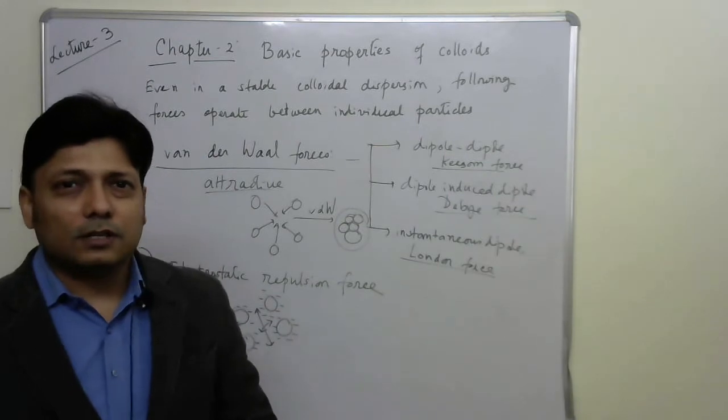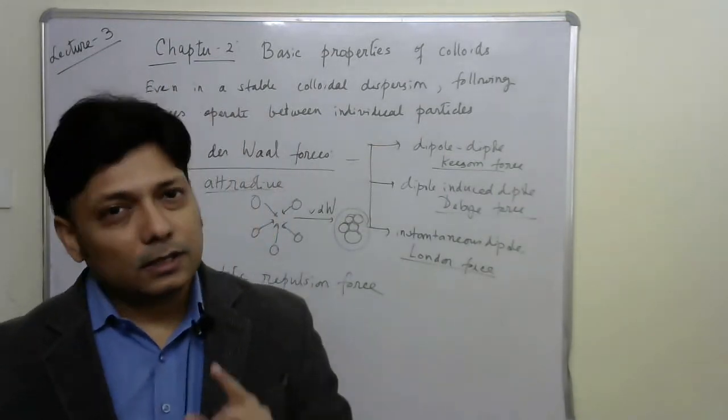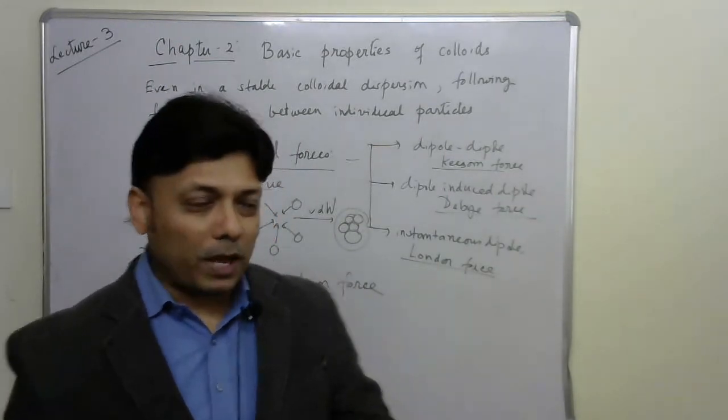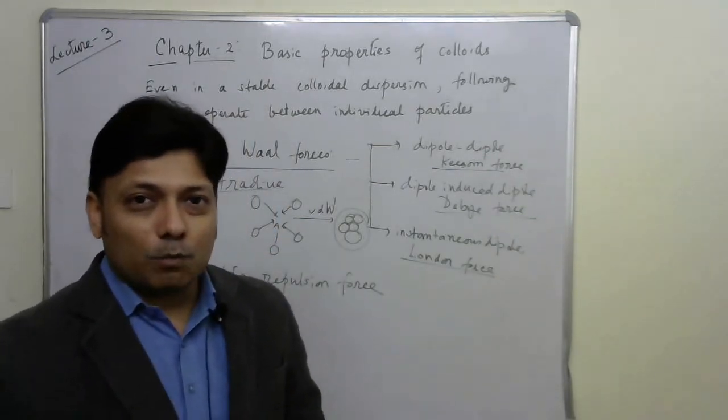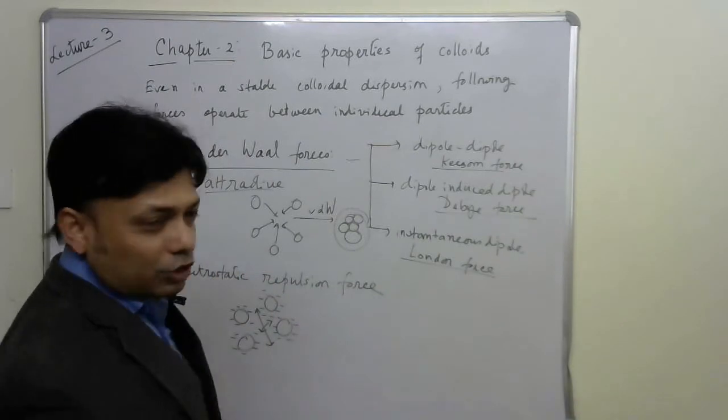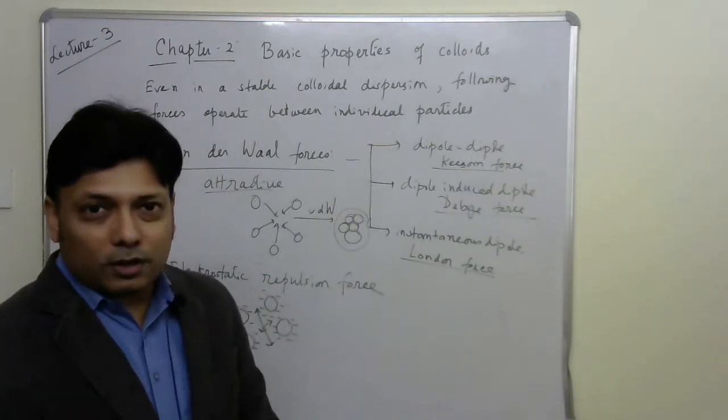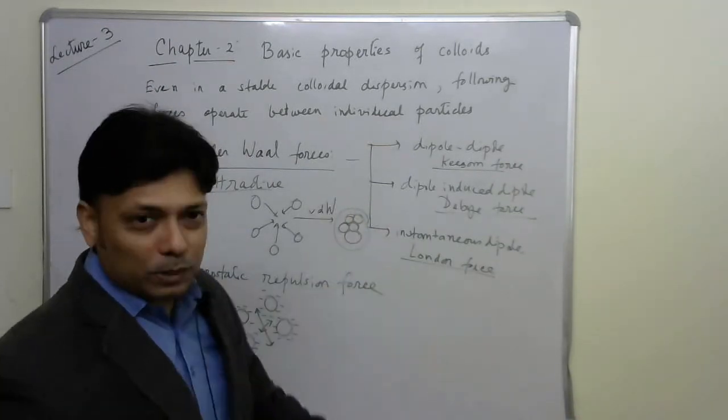The answer is surprisingly yes. So to make a stable colloidal sol, you need to have a charged surface. The moment you neutralize that surface charge, your sol phase is gone and all particles will settle down.